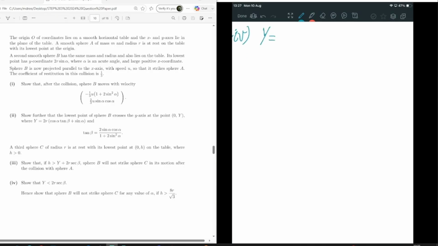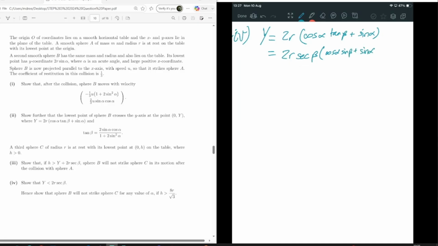So previously we've shown that y is 2r cos alpha tan beta plus sine alpha, and we can factor out a sec beta. We factor out a 1 over cos, so this is going to be left with cos alpha sine beta plus sine alpha cos beta.